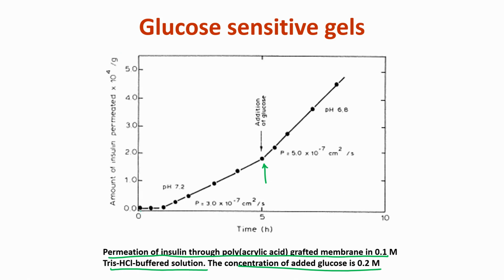So, as you can see over time you see some basal level of insulin coming out. So, this has a certain slope, but as you have added more glucose, you see that the slope has increased, and that shows that the system actually does work.